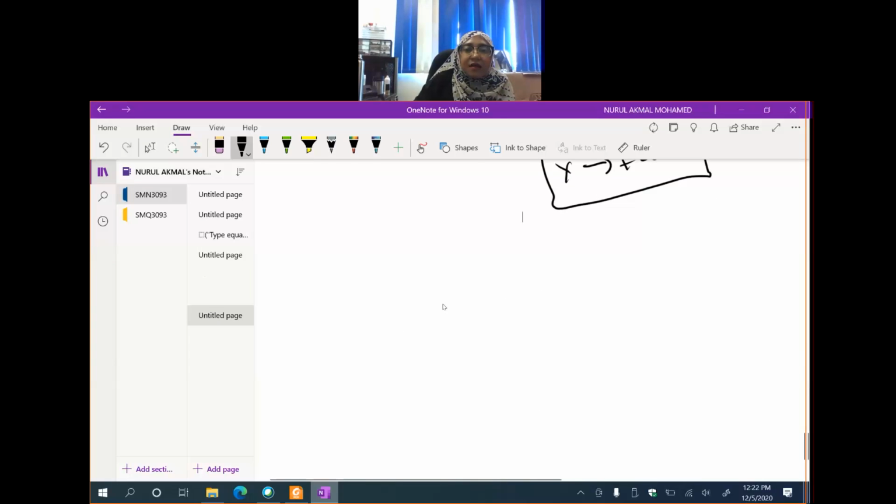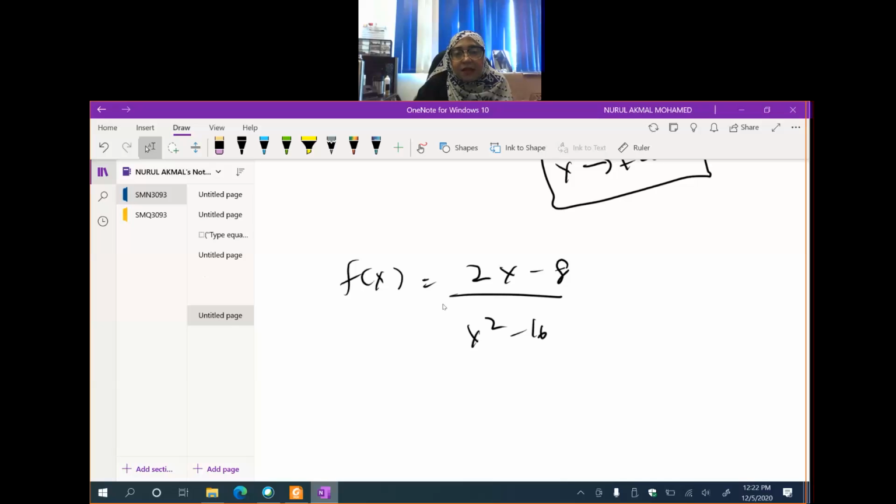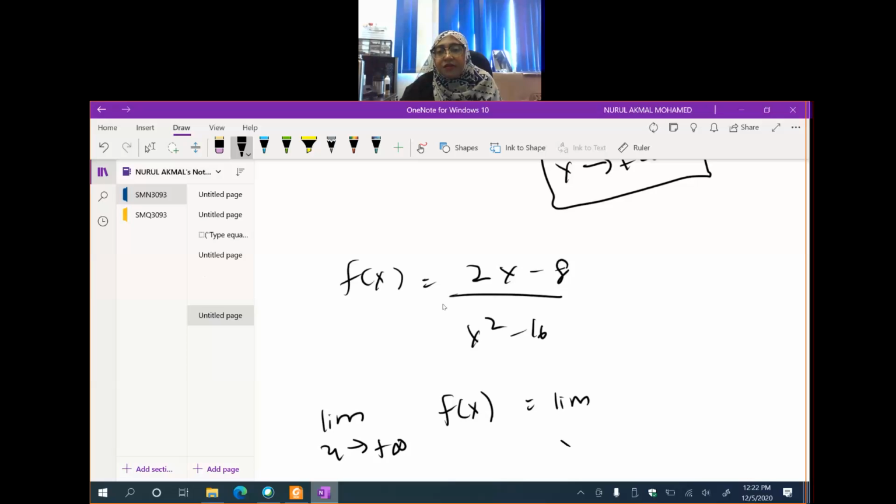So f of x is equal to 2x minus 8 divided by x squared minus 16. For the limit as x tends to plus infinity of f of x, it will be infinity divided by infinity, right? So you use L'Hopital's rule.